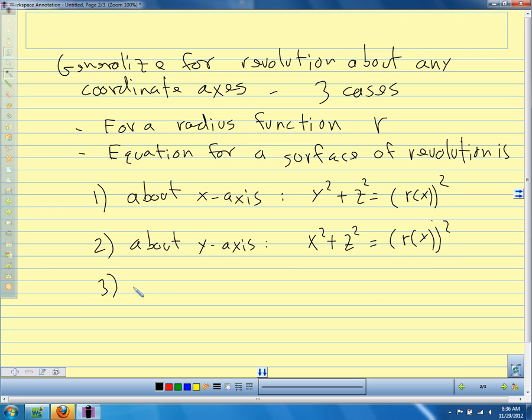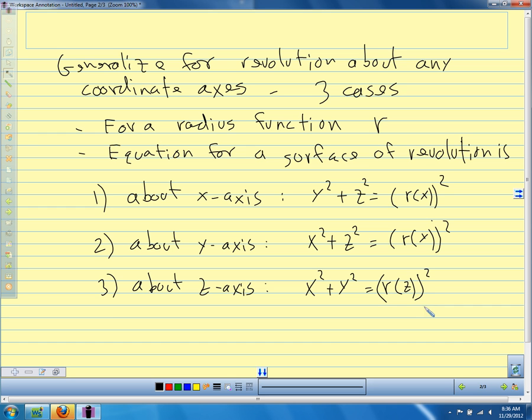And in our third case, if we revolve about the z-axis, we get x squared plus y squared. The case that we looked at as our example: x squared plus y squared equals some radius function of z squared.